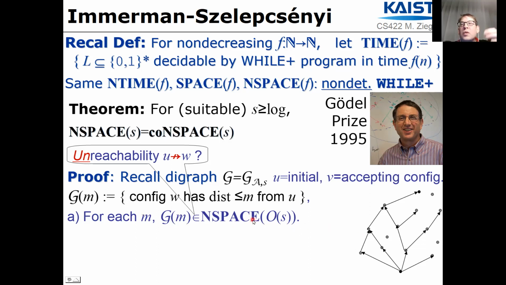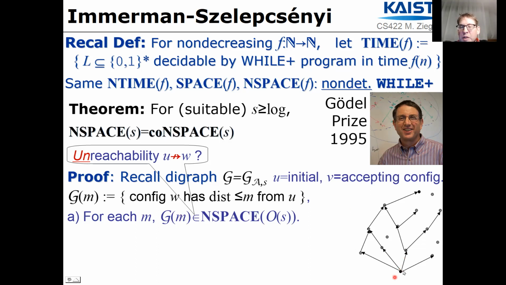So we only store a constant number of configurations, namely the current configuration and the newly guessed successor configuration. And once the counter has reached 0, we check whether we have reached the given configuration, and if so, we accept, and this algorithm thus correctly decides whether a given configuration can be reached within at most M steps.